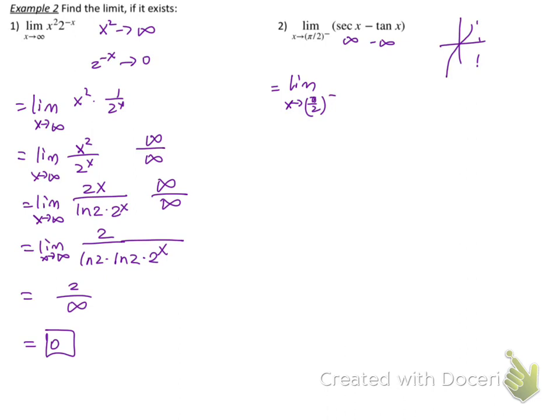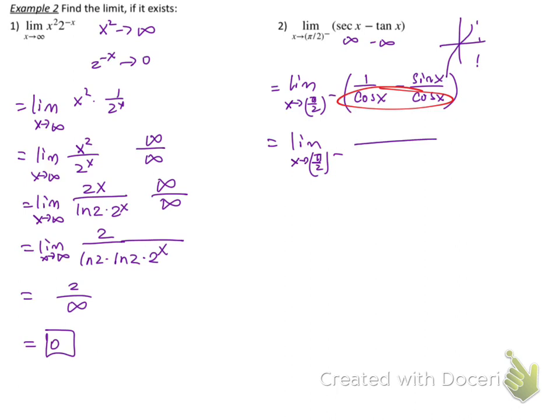And naturally, as x approaches pi over 2 from the negative side, secant is 1 over cosine x, and tan is sine x over cosine x. That gives you cosine x on the denominator and 1 minus sine x on the numerator.